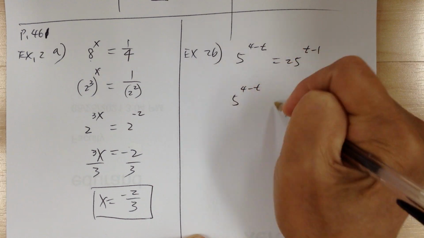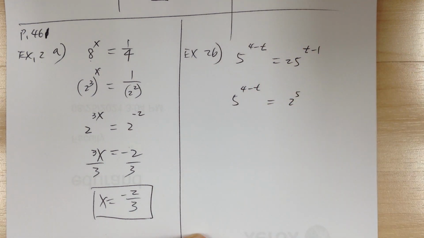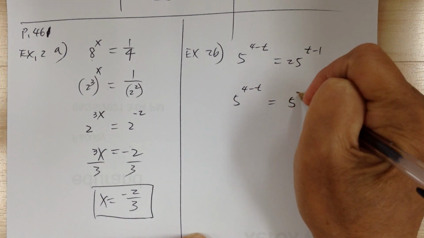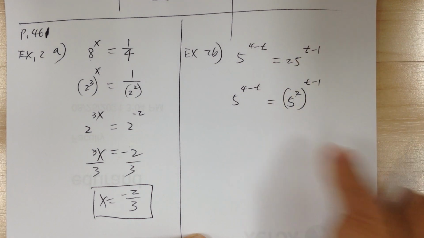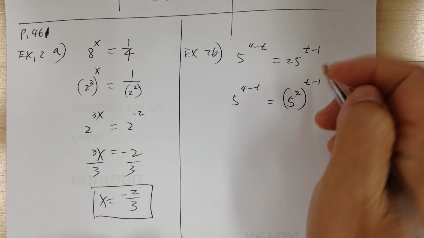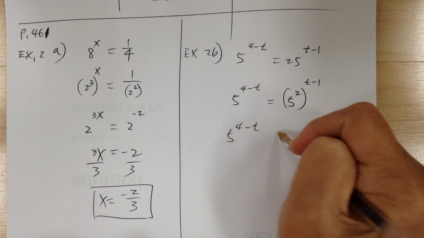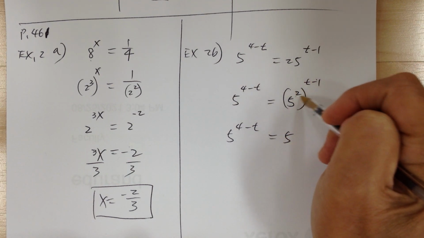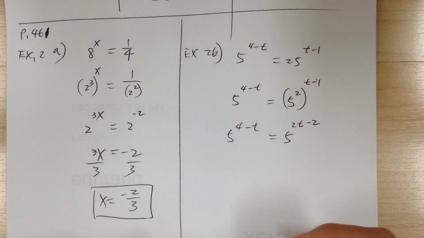Leave this side alone, but make 25 into 5 squared. Again, whatever you change, put in parentheses, because you have to keep track of all the parts. Then apply the power rule, multiplying the exponents, so you get 5 to the 4 minus t equal to 5 to the 2t minus 2.